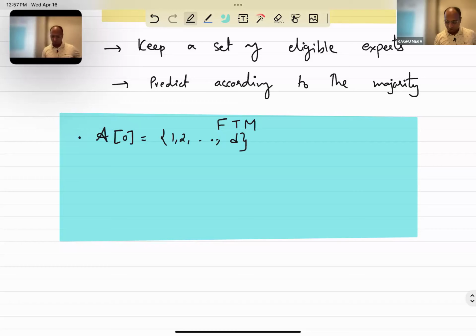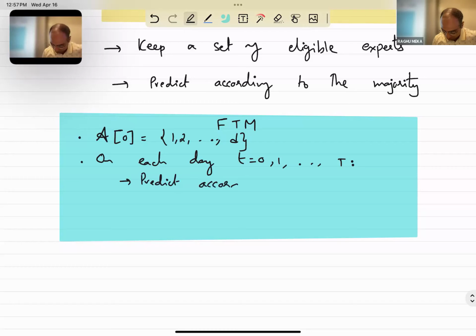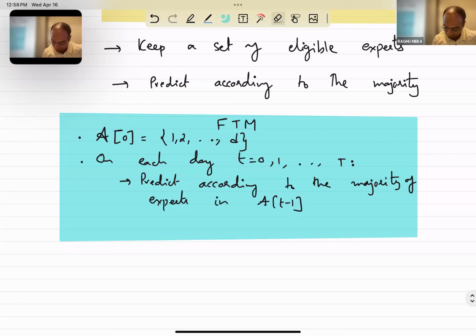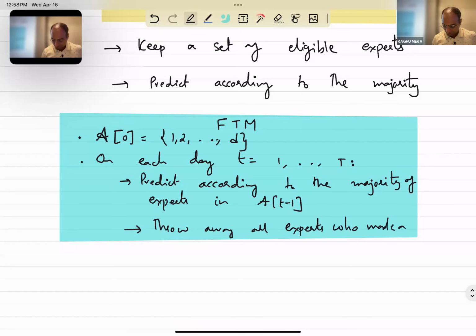Okay. So on each day, we predict according to the majority of experts in A of t minus 1, and throw away all experts who made a mistake.